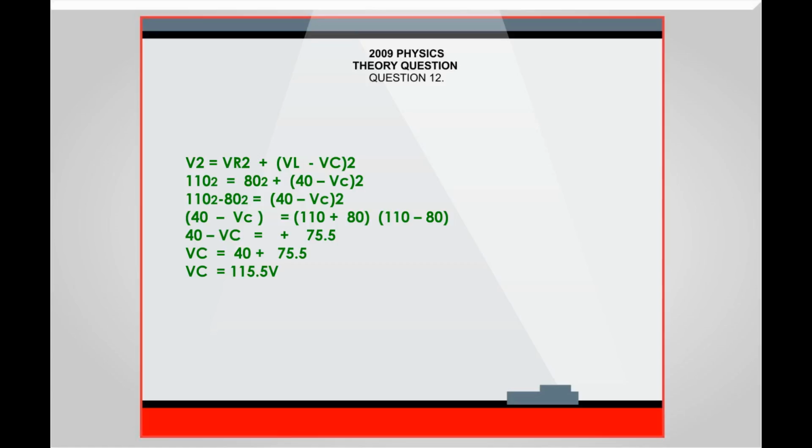VC equals 40 plus or minus 75.5. VC equals 115.5 volts.